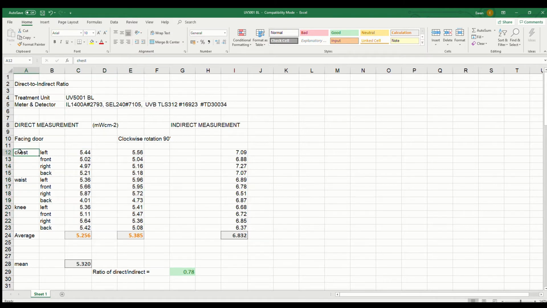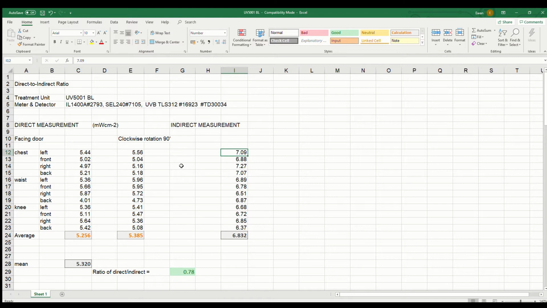You can see it's chest, waist and knee height, left, front, right and back. So 24 measurements in total. An average of all these measurements is taken to get the direct measurement result, which in this circumstance is 5.32 milliwatts per centimetre squared.